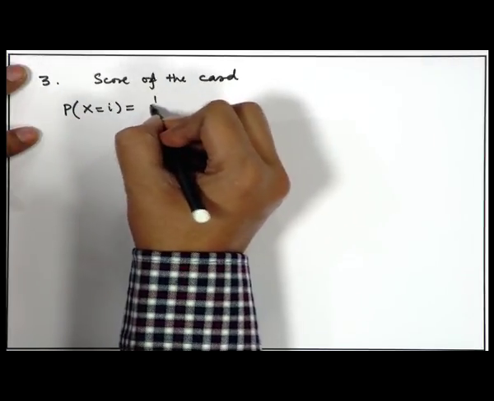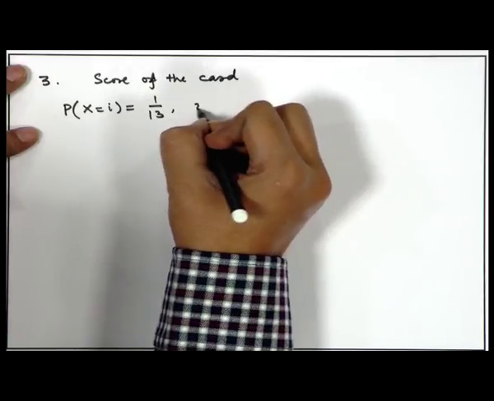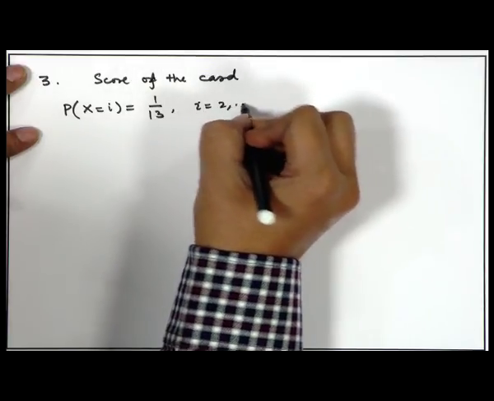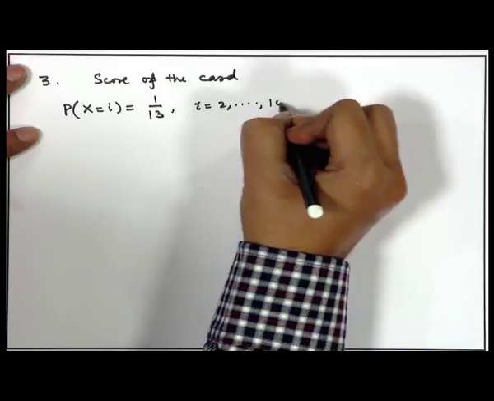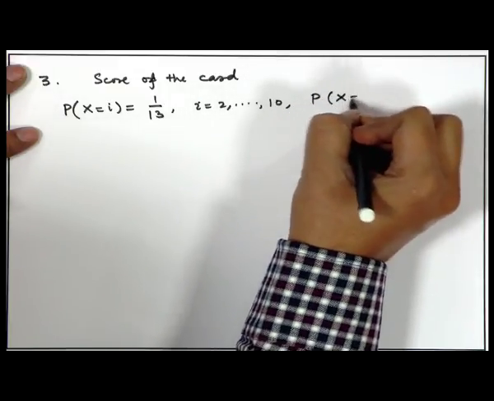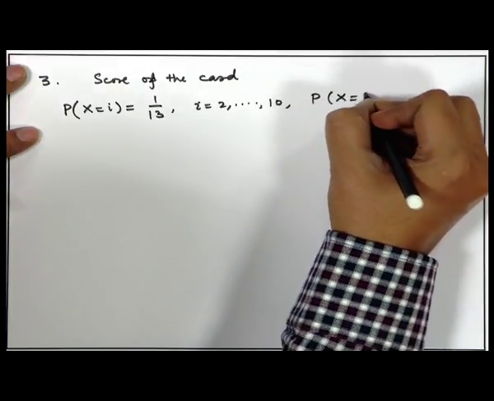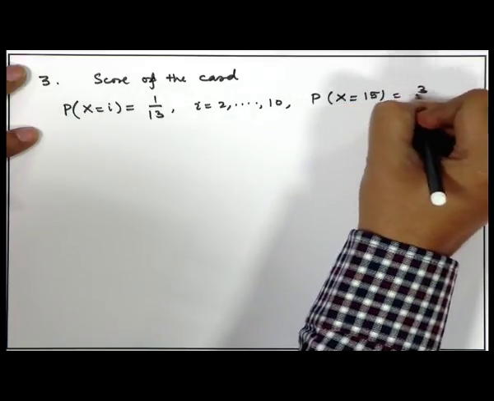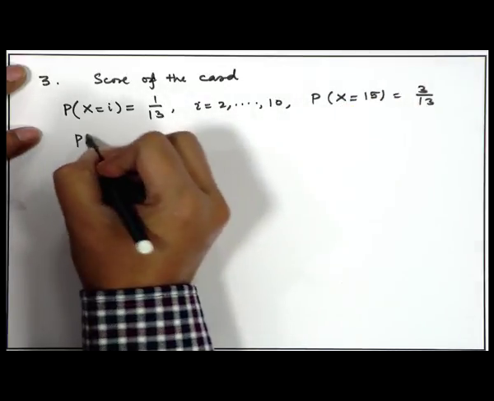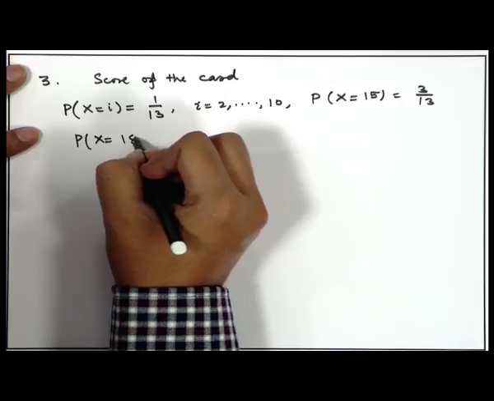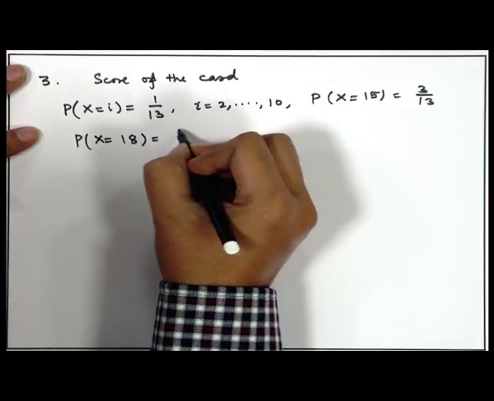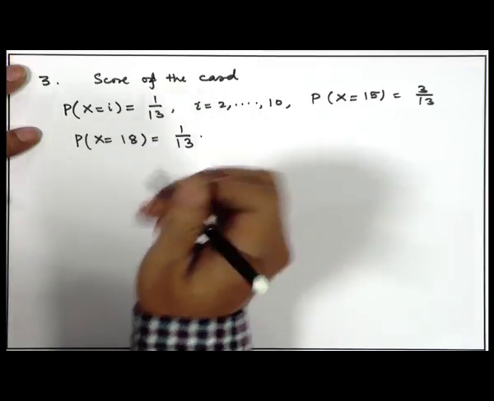Probability x is equal to i was 1 by 13 for i is equal to 2 up to 10. Probability x is equal to 15 was 3 by 13 and probability x is equal to 18 was 1 by 13.